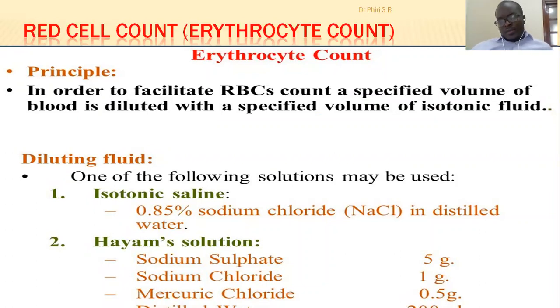So the isotonic solution, the osmolarity of this solution is the same as the osmolarity of plasma, in the sense that if you put cells in isotonic solution, you don't expect a net movement of fluids from the solution into the cells or from the cells into the solution.